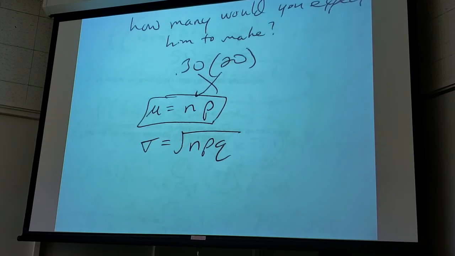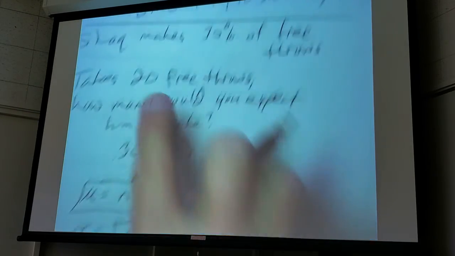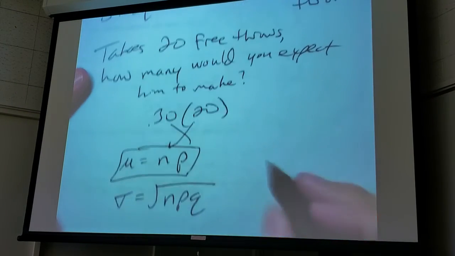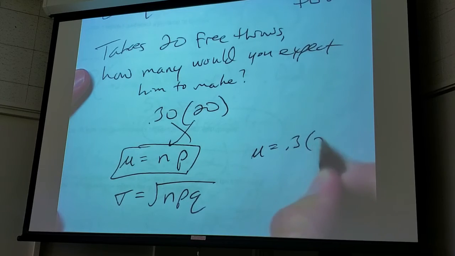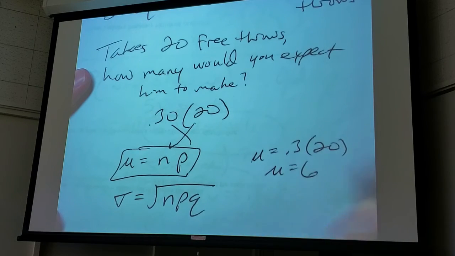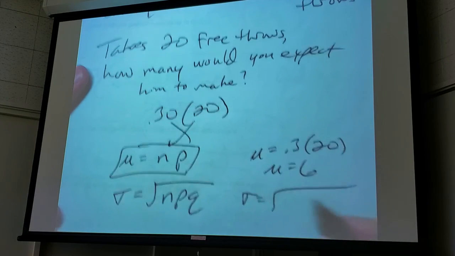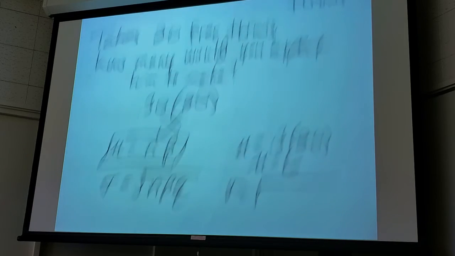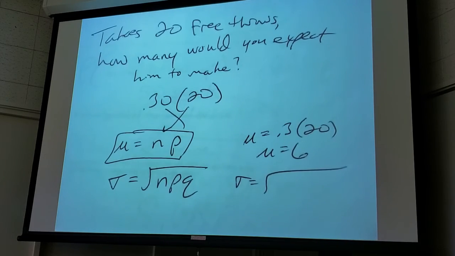So let's do this. For Shaquille, taking his 20 free throws, the mean was 0.3 times 20. The mean is 6. Don't say anything yet. Can you figure out what the standard deviation would be for that situation? Don't say anything. Try to figure out the standard deviation.